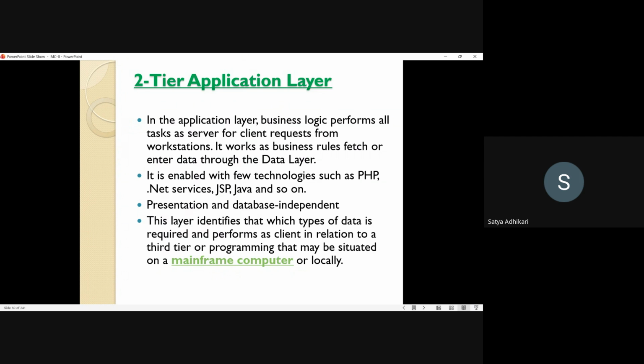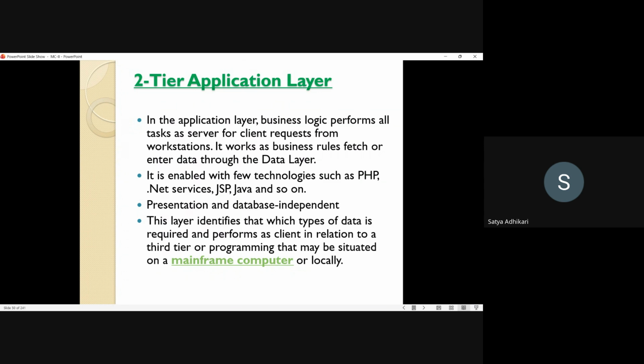It is enabled with a few technologies like PHP, .NET services, Java Server Pages, or Java, and so on. Presentation and database are independent.